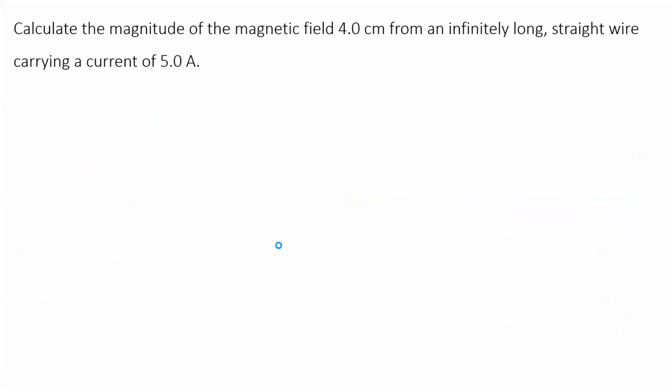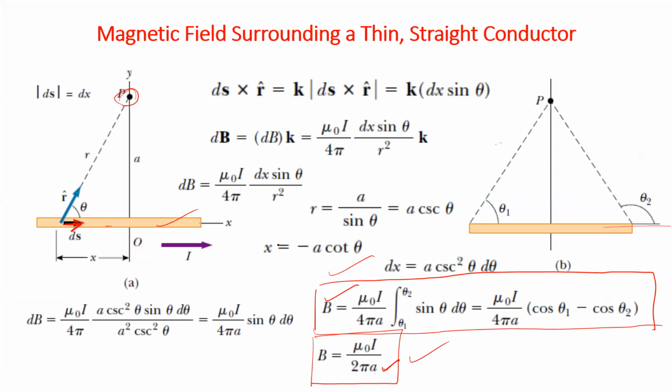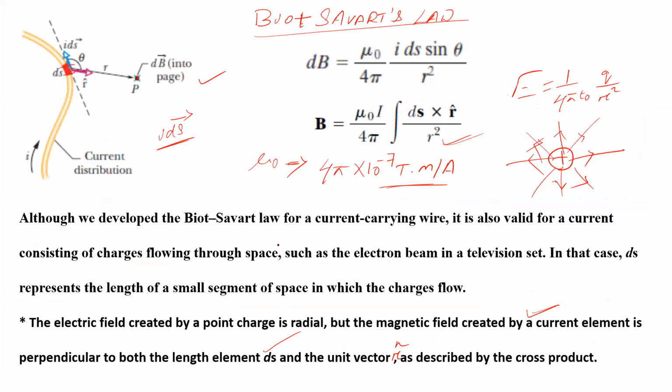Suppose this question comes to you. The magnetic field at a point P due to a current carrying wire can be defined by Biot-Savart's law, that is B is equal to mu 0 I by 4 pi integration of ds cross r by r square.